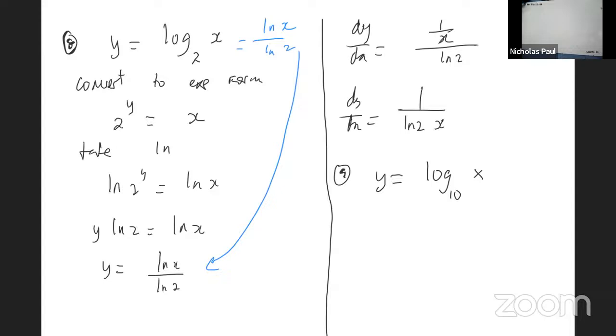Right? Let's see what you did. I like the change-of-base method. So this will be ln x on ln 10. When you differentiate y, you'll get dy/dx. The differential of ln x is 1 on x over ln 10, which simplifies to 1 over x ln 10.